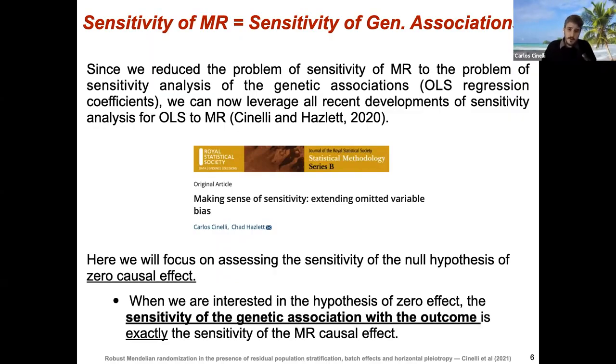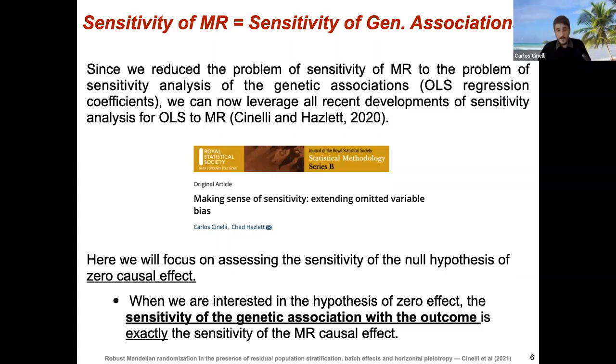And I showed you two main things that can happen with our MR estimates: if confounders can bring our reduced form, or the genetic association with the outcome, to zero, and if confounders or side effects or pleiotropy can bring the genetic association with exposure to zero. Now, in the presentation, I'm going to focus on assessing the sensitivity of the null hypothesis of zero causal effect.